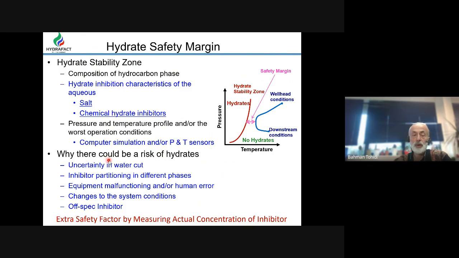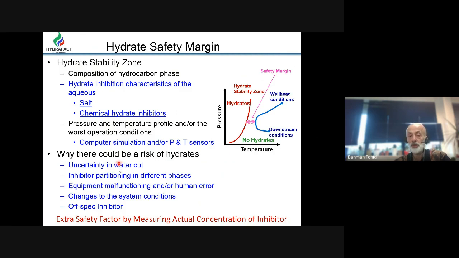So even if you are using very safe processes, there can be uncertainty in the water cut. Maybe we don't know how much the water cut is. We are injecting inhibitor based on an assumed water cut. Maybe it's too much, maybe too little.